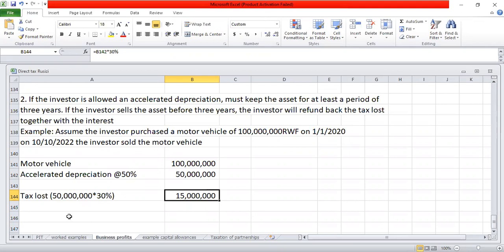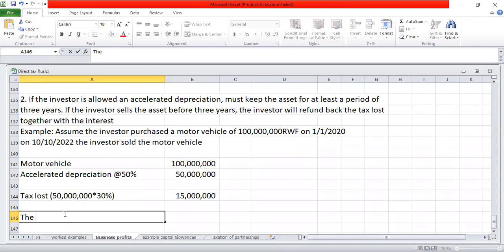So the allowance was given on 31st March 2021, when you are computing the tax. That is when the allowance was given.